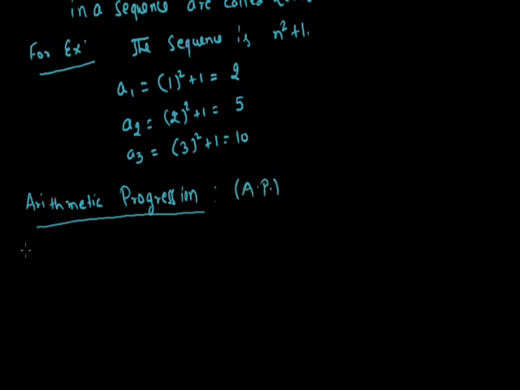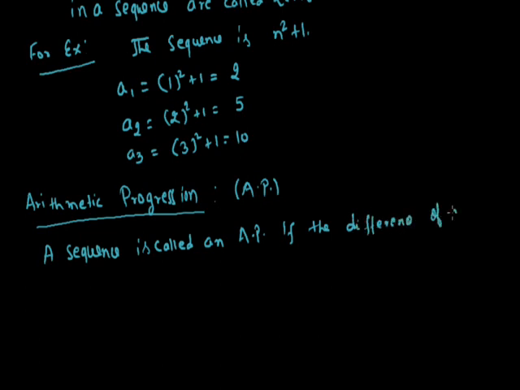So a sequence is called an AP if the difference of a term and the preceding term is always constant.